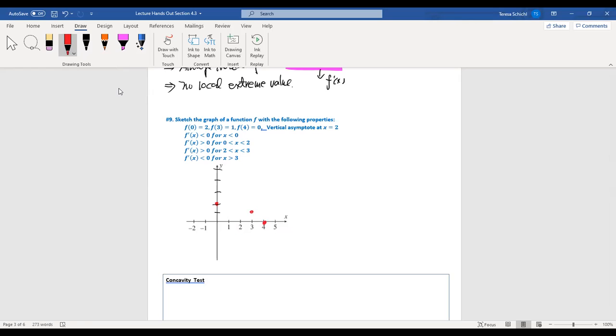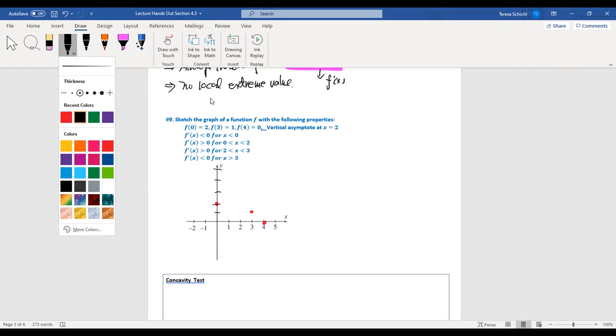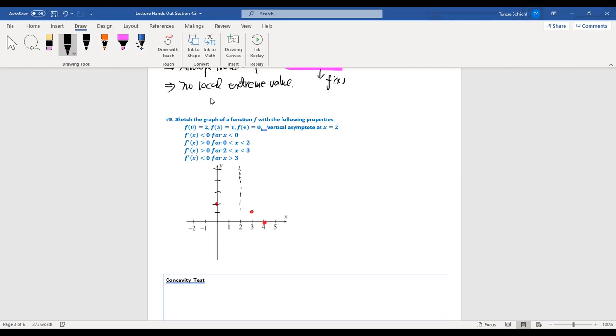Then they say I have a vertical asymptote. Okay, vertical asymptote. That means this is my asymptote here, this is x equal to 2. Now let's take a look at the decreasing part, right? Decreasing part, f prime x less than 0, when x is less than 0. So this is decreasing, and then x greater than 3, this is decreasing here, right?